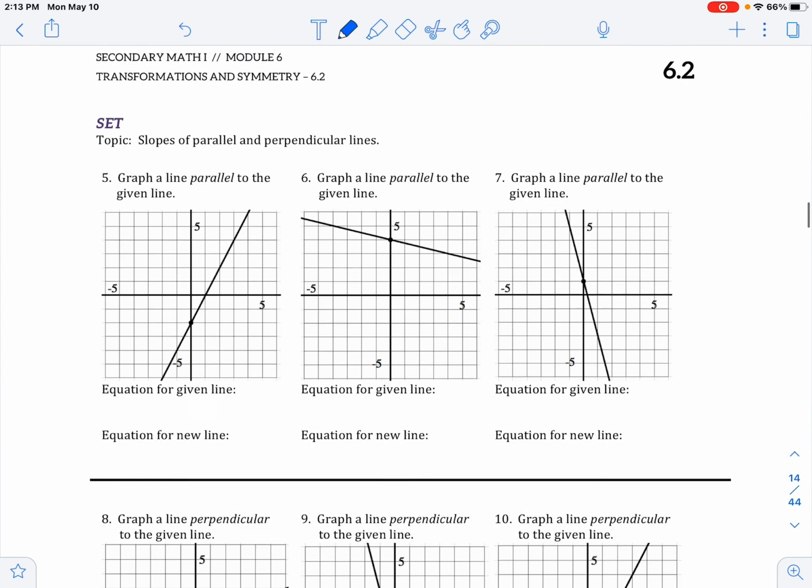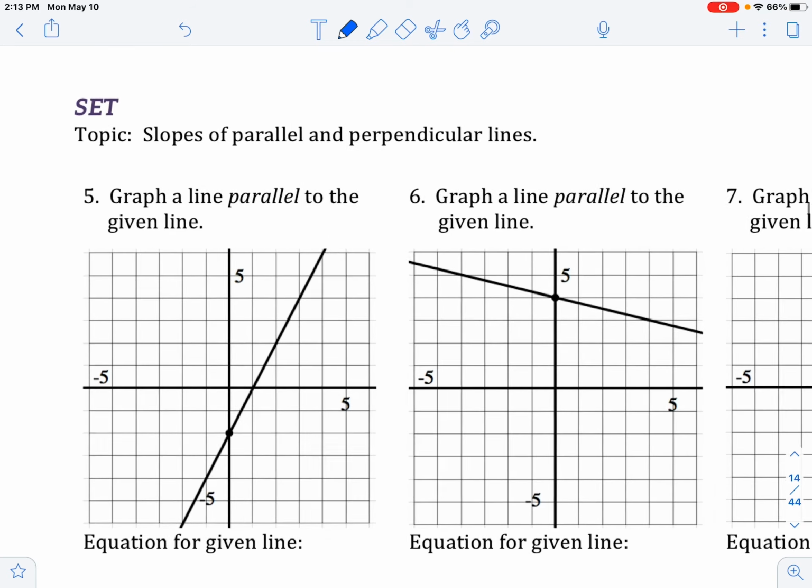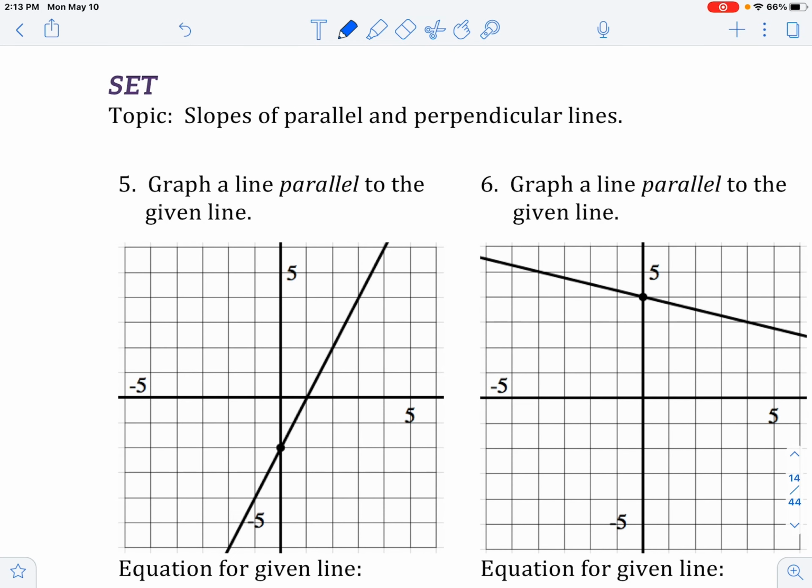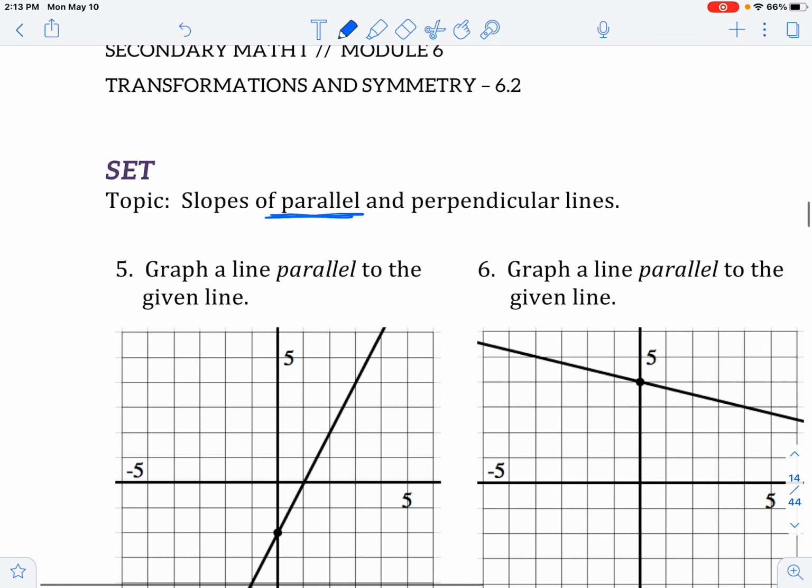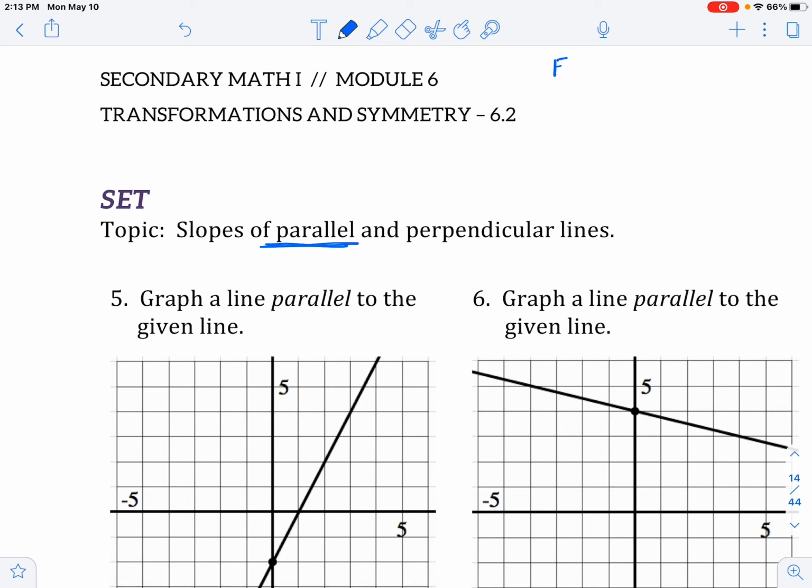Here it's about slopes of parallel and perpendicular lines. When we talk about slopes, suppose there are two lines, a first line and a second line. Any line could be first or second.